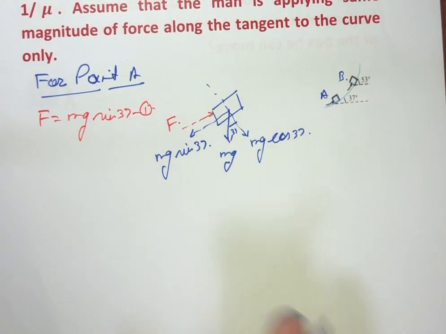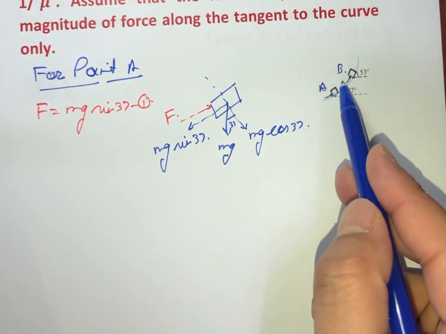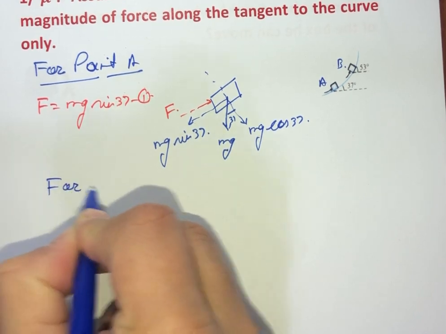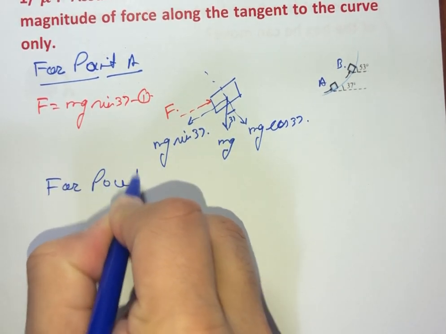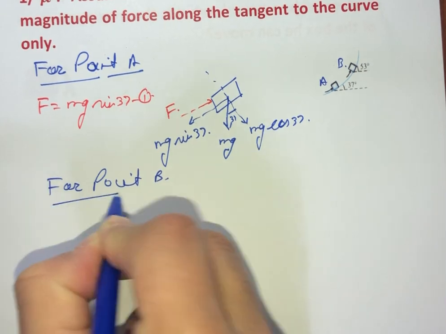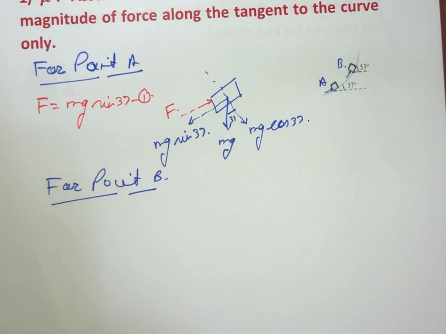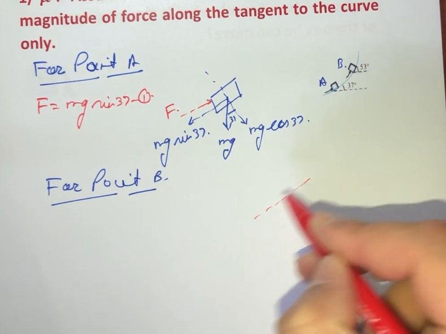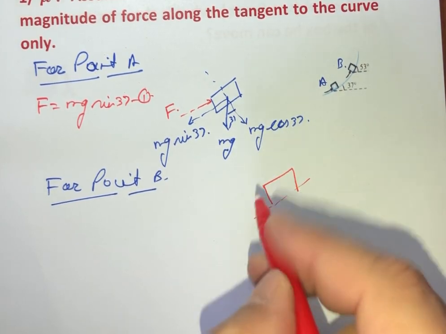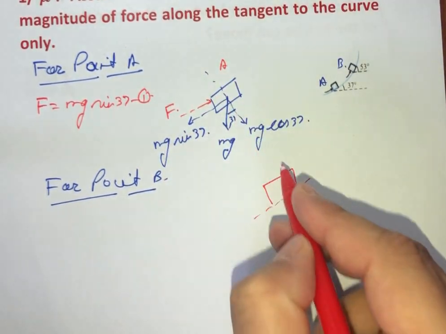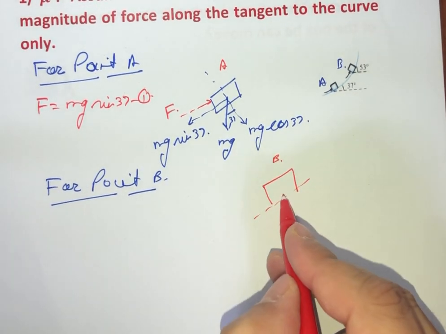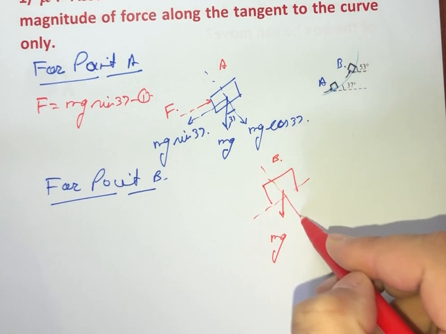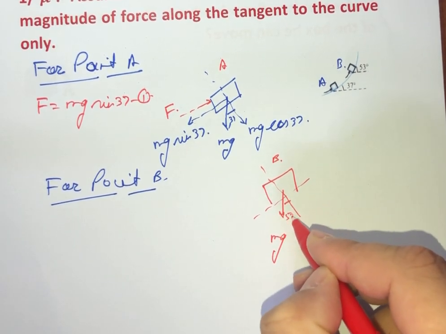Now let's draw the free body diagram for point B. In the downward direction we are going to have mg. This will be our 53 now.